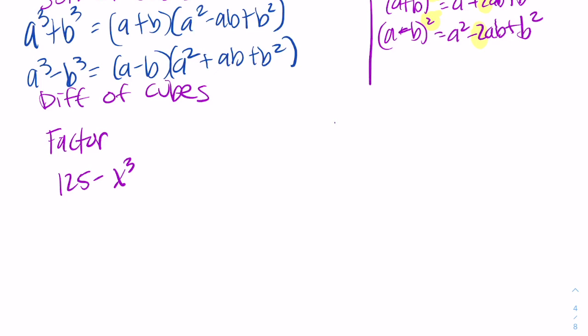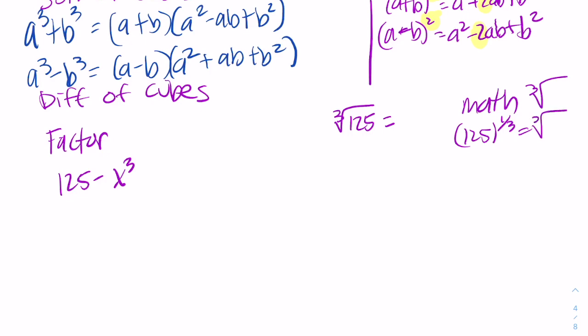Well, you can do this a couple of ways. In your calculator, you can take the cube root of 125 and see if it is a whole number. Remember, your cube root is under math, and then it looks like this. Or you could do 125 raised to the 1/3 power, which is the same thing as the cube root of 125. Those are both ways that you could use your calculator to get there.